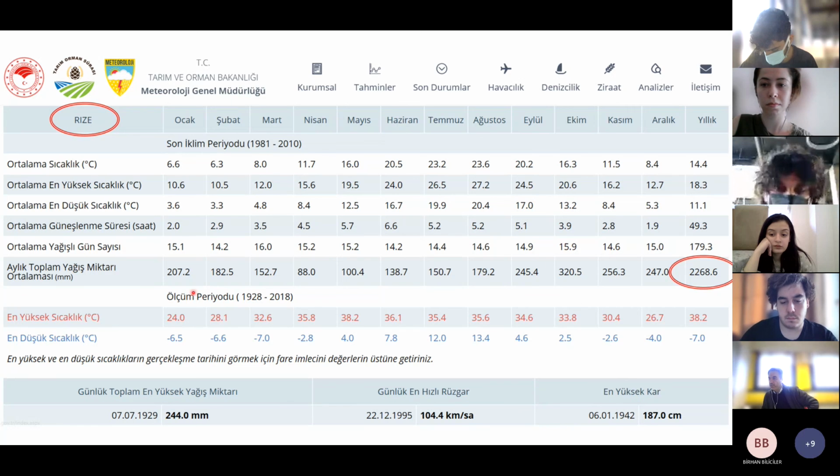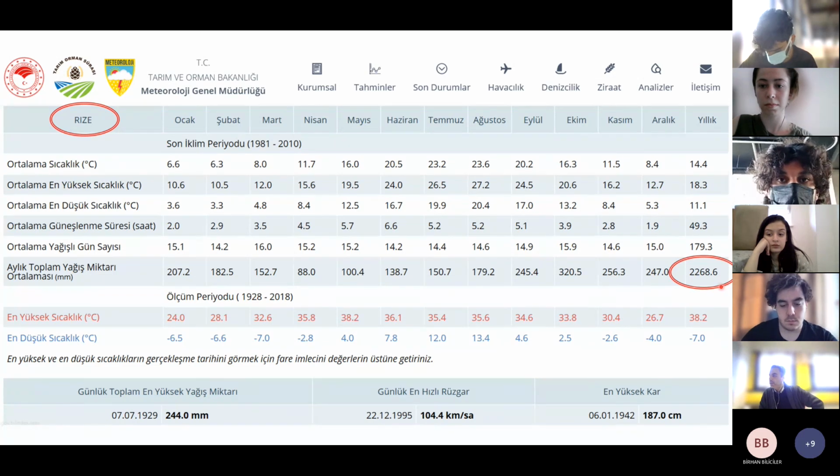And if you add all months together, you find the mean annual rainfall at Rize province.